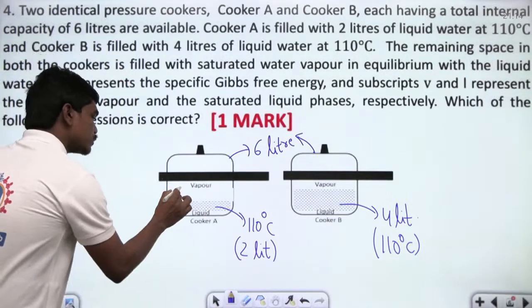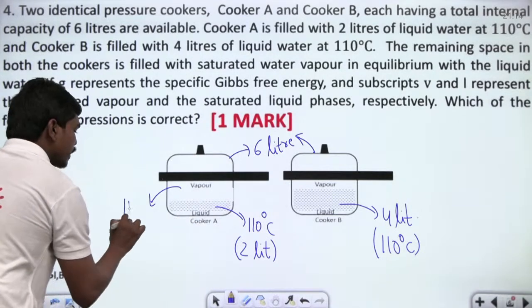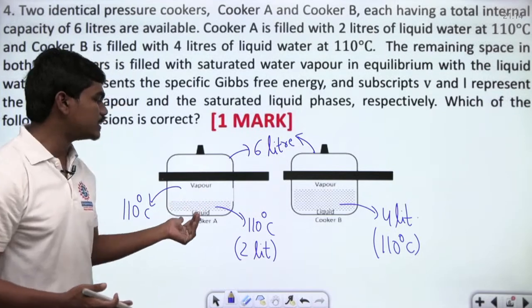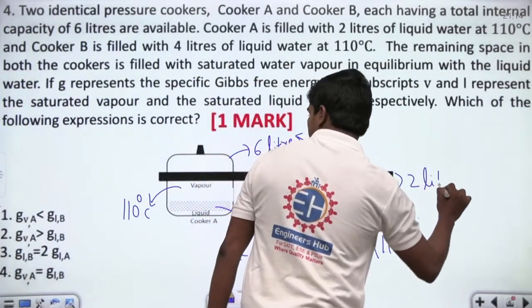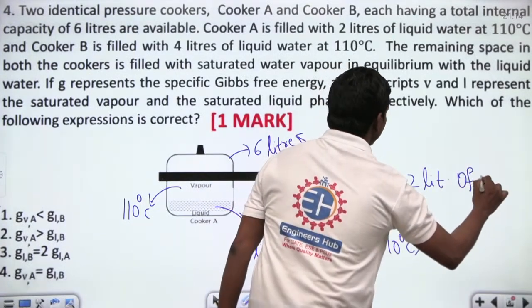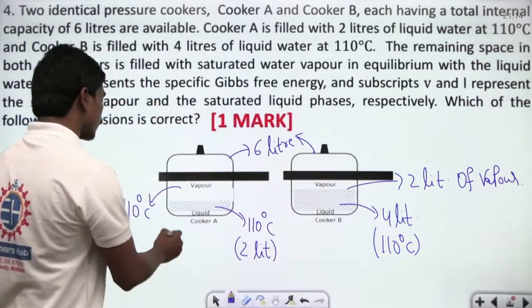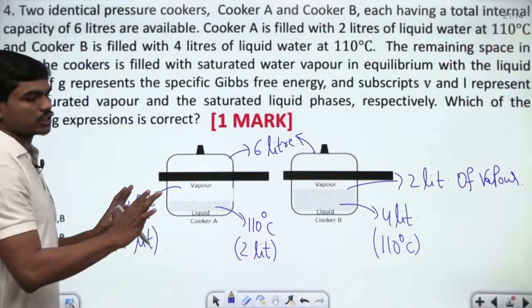So definitely this vapor is in equilibrium with this water, which means this vapor is also at 110 degrees Celsius, so there is phase equilibrium between this vapor and liquid. Similarly is the case here. So here we have 2 liters of vapor, so in total they have 6 liters, and here of course the vapor is 4 liters. So this is the configuration of both the cookers.